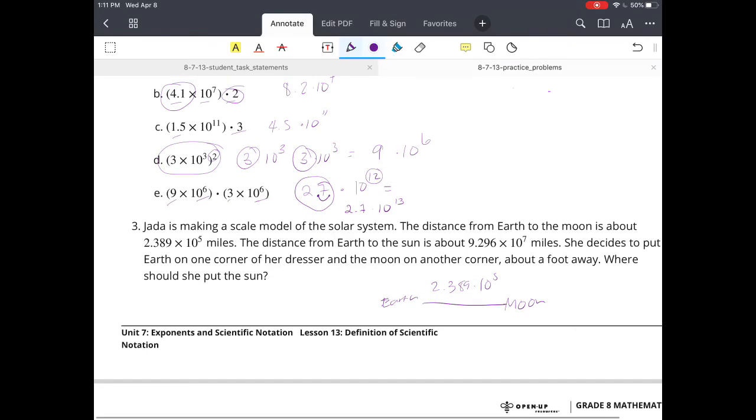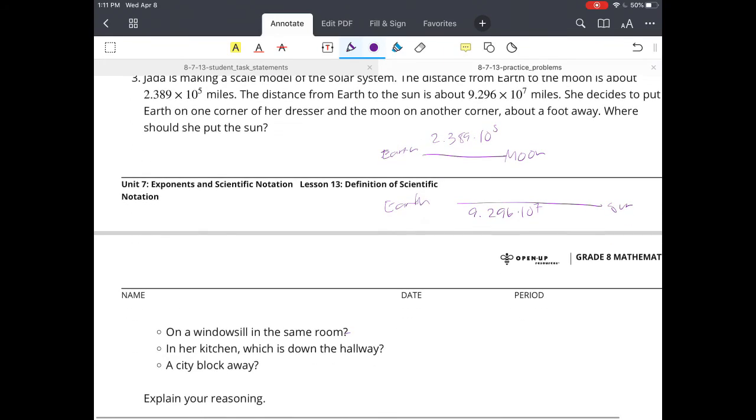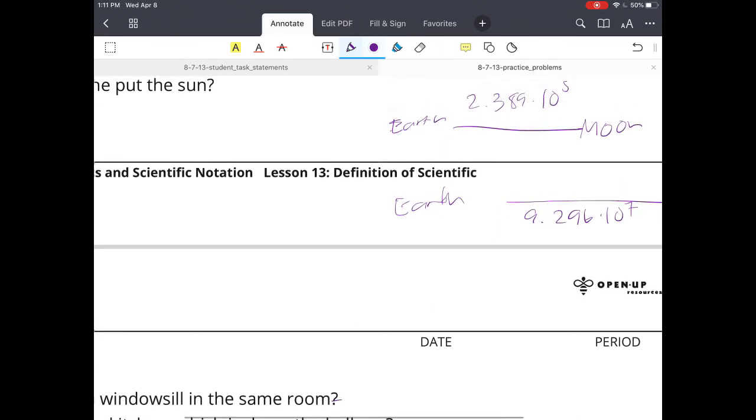But we also have the Earth to the sun is 9.296 times 10 to the 7th. And it's asking us how many times bigger is one over the other. And if you want to find that out, you have to divide the two numbers, okay? 9.296 times 10 to the 7th over 2.389 times 10 to the 5th.